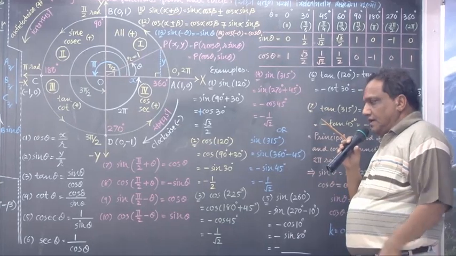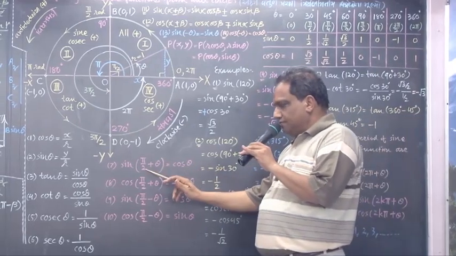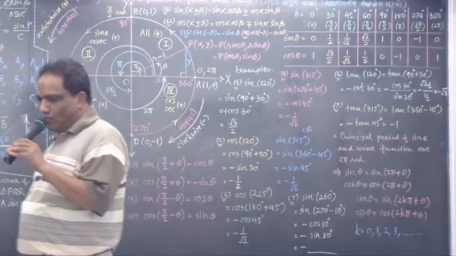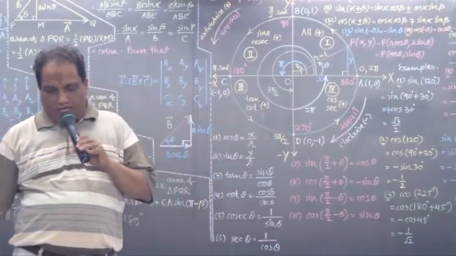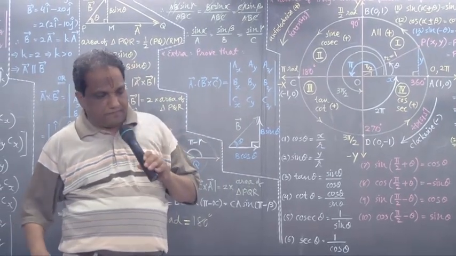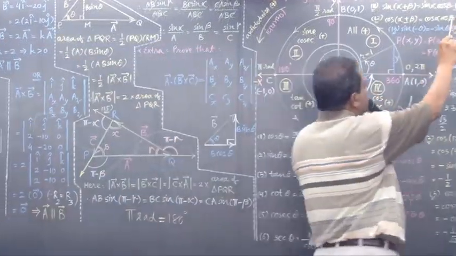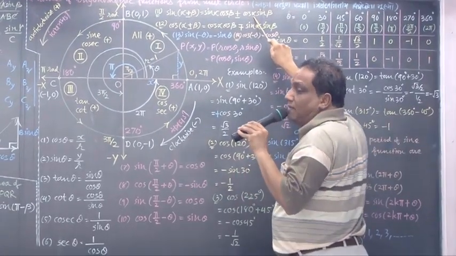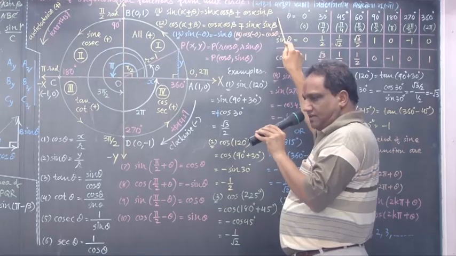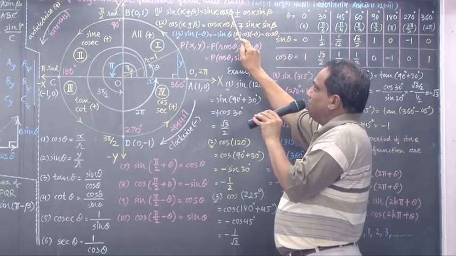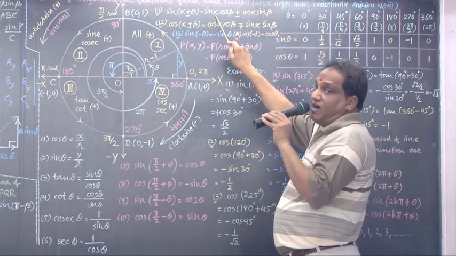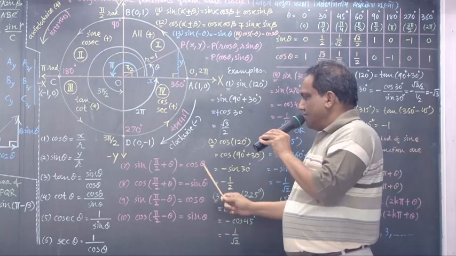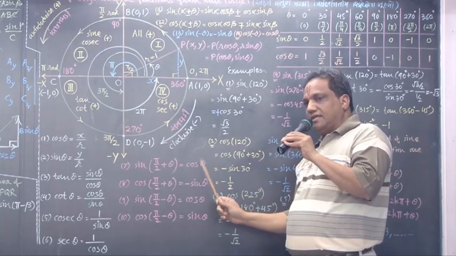Take alpha equal to pi by 2 and beta equal to theta on both sides. When alpha is pi by 2, cos pi by 2 is 0, so this part will be 0. And alpha is pi by 2 and beta is theta. Sin pi by 2 is 1, so 1 into cos theta, that is cos theta.